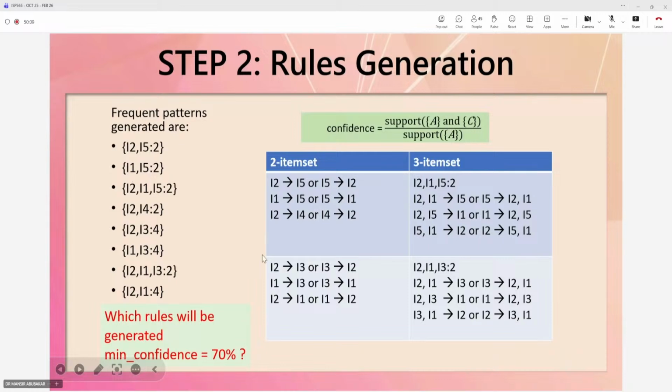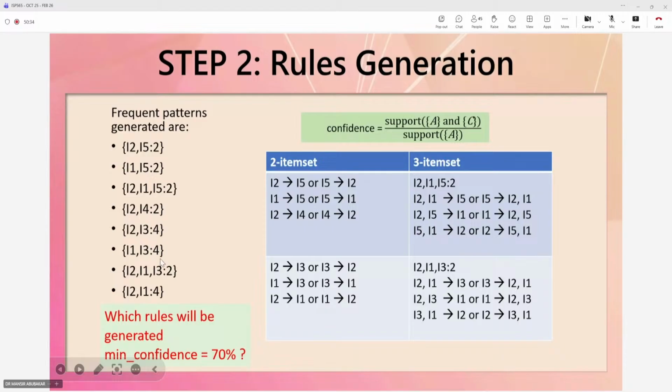So now we have item 2 implies that item 3 is also bought with that, or item 3 implies that item 2 is also bought. So now you can see it here, a 2 item set, almost with support count of 4. And then another 2 item set is item 1 and item 3.